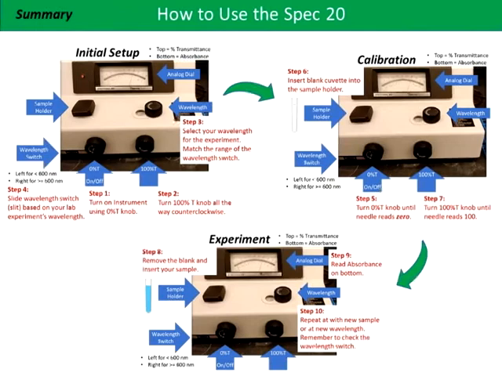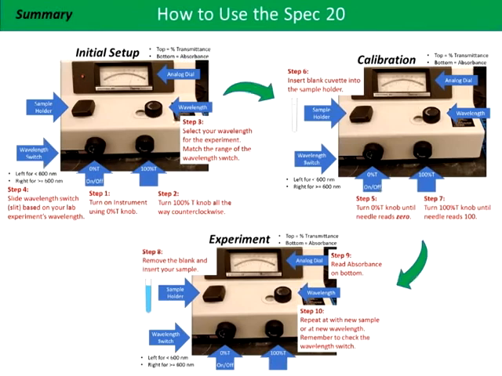Once the instrument is set up, the instrument is calibrated by turning the 0% knob until the needle reads 0, putting the blank cuvette containing your blank sample in the holder, then adjusting the %T knob to 100%.